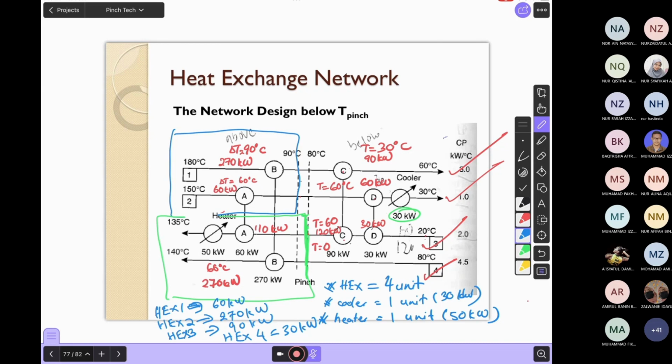If you can reduce the requirement of utilities, then you can save the cost for the company. You save the cost, you reduce the cost, meaning that you contribute a very important opinion for the company. So this is a very good practice for you. If you were to be involved in the industry later, this is what we want from you.